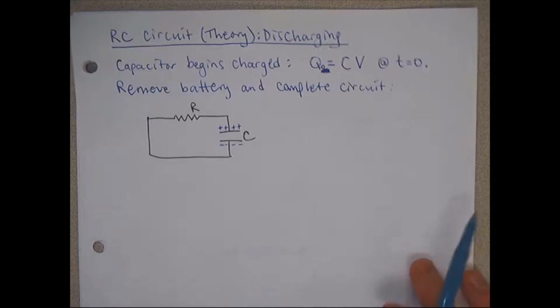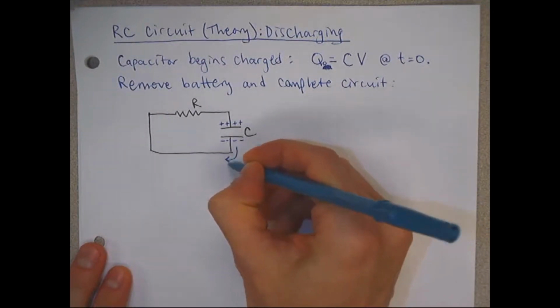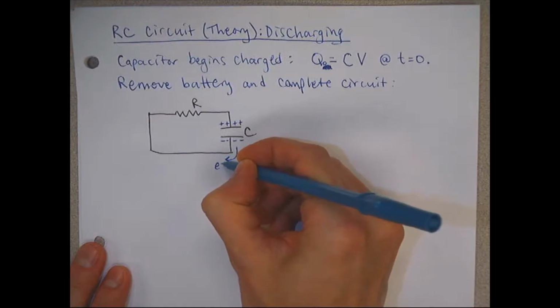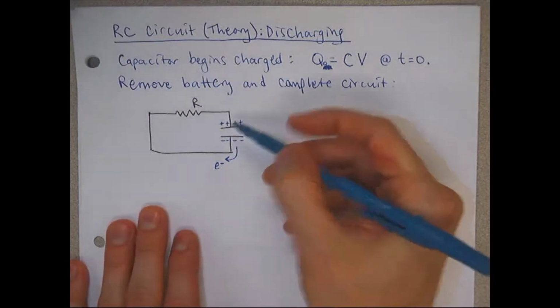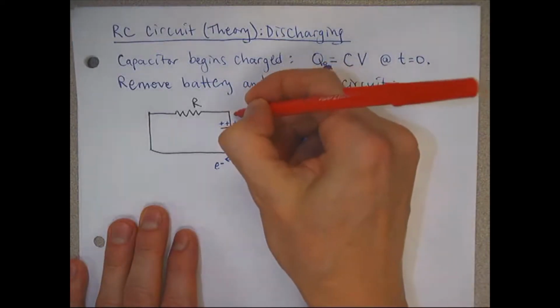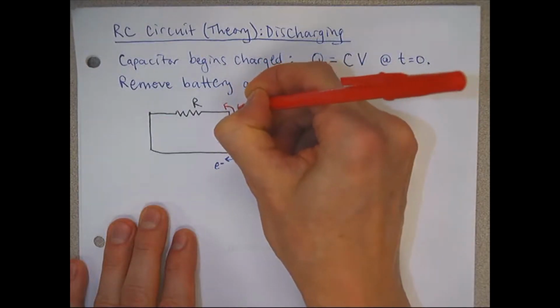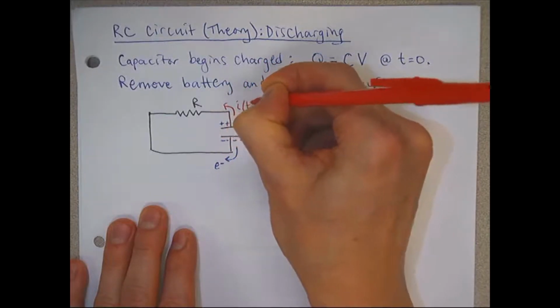The electrons on the lower plate do not want to be together. They're going to start flowing back to where they came from, to the upper plate. This implies a flow of current opposite the flow of electrons. We'll call that I of t.